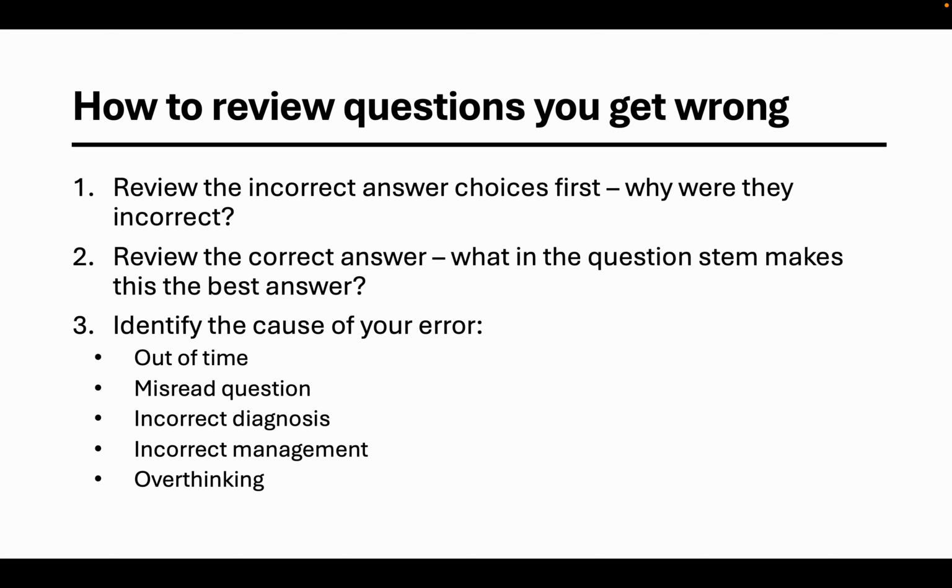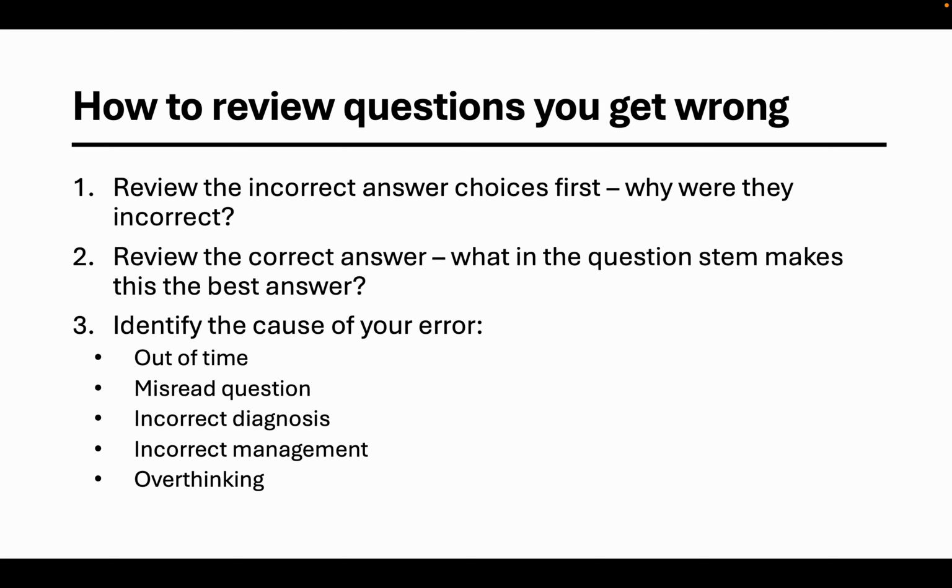Sometimes students misread the question. So maybe you're reading fast because you're crunched for time and you skip over one part of the physical exam, and that was the key finding that you needed. So if you missed a key symptom, it wasn't really a knowledge gap, because if you'd had that key symptom, you would have gotten the question right. The reason I really encourage people to pinpoint these causes is the treatment is really different, right?